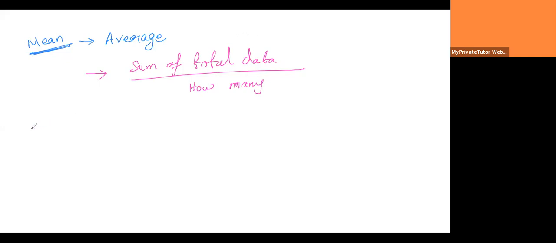If some questions are given, for example, let's say 6 people attended the test for 100 marks, and they got the scores as 60, 80, 90. Maybe we can add one more, 70. What else am I left with? 50, and one person scored 100.